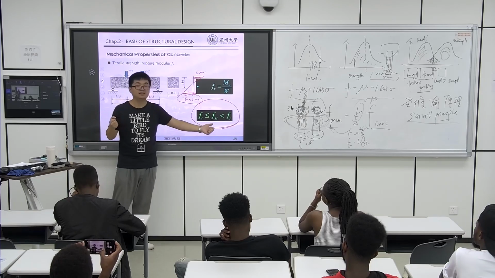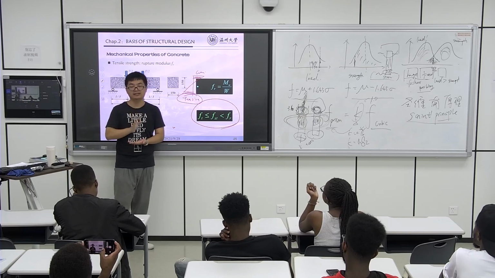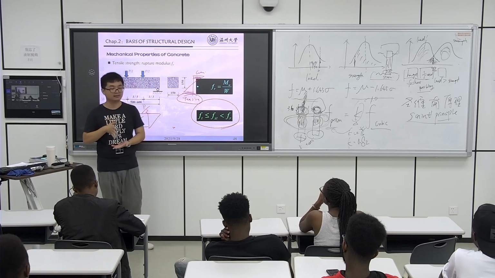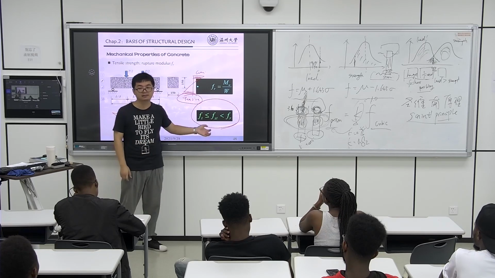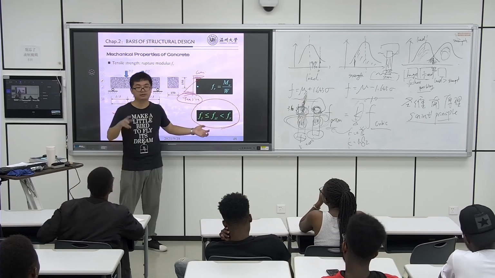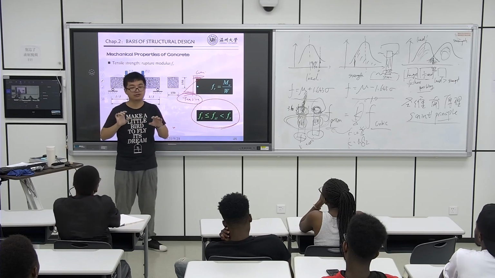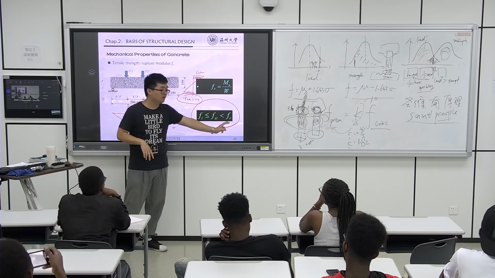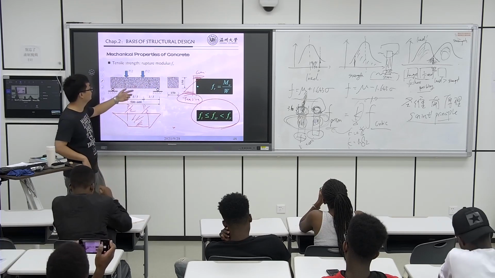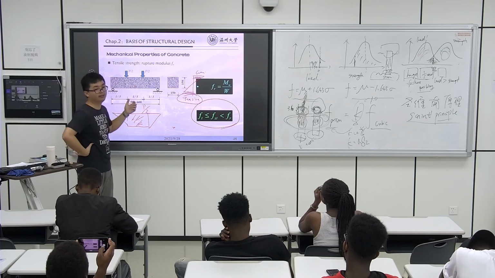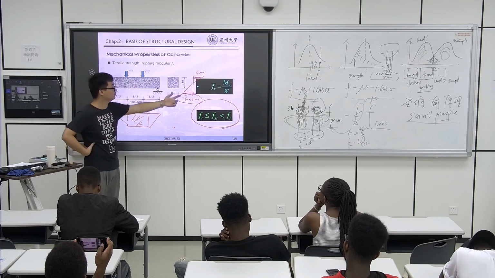And FST is from the split cubic test. You can imagine it just like scissors to create the tension stress. And FR is the rupture modulus. It's the tension stress we get from the beam, and from the calculation.